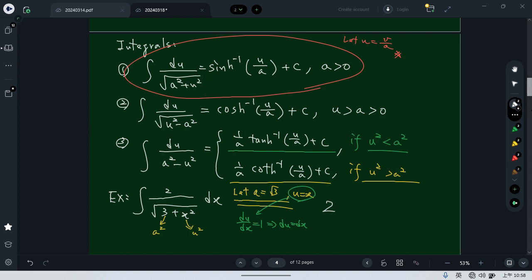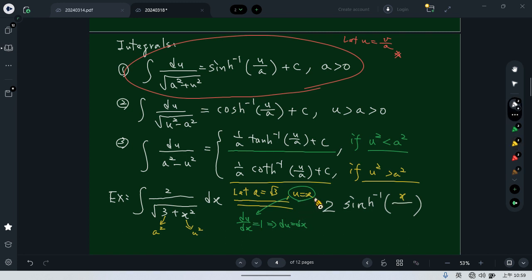So the result will be the arc hyperbolic sine function of u. U here will be x, because u is equal to x.